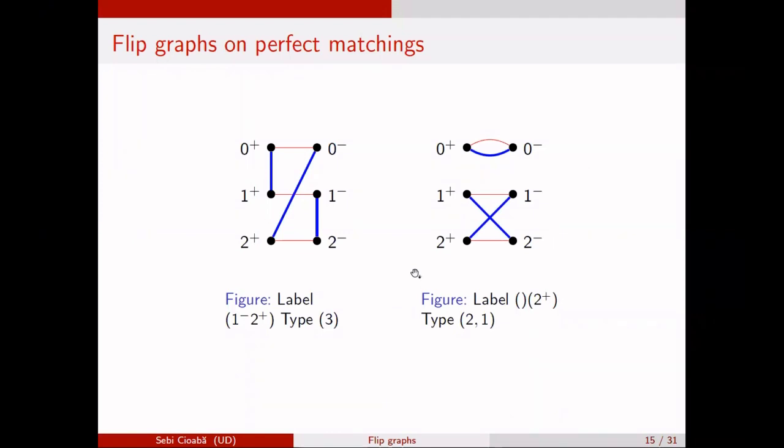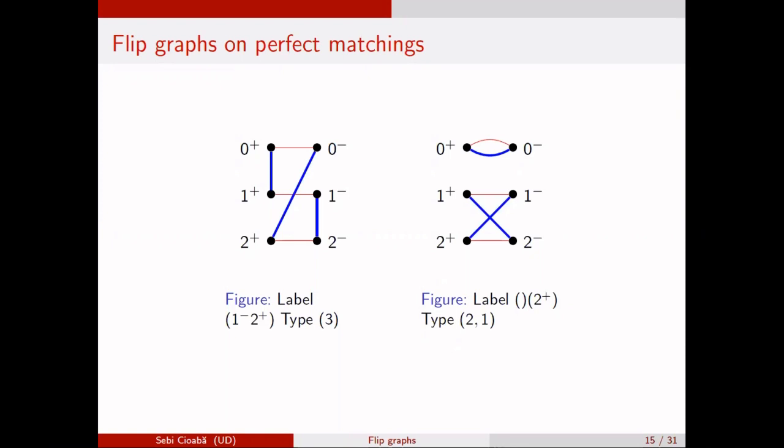Now, when you look a little bit at the structure, this was also observed before, like you can find this kind of argument in Nathan Linial's papers. This graph has a very nice equitable partition, and it's a partition into what we call types.